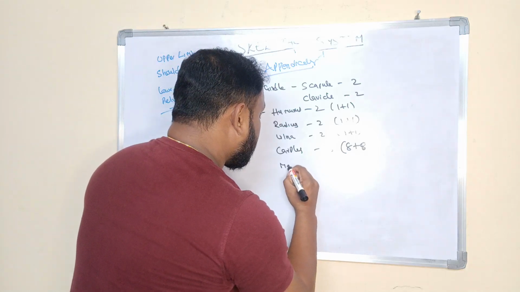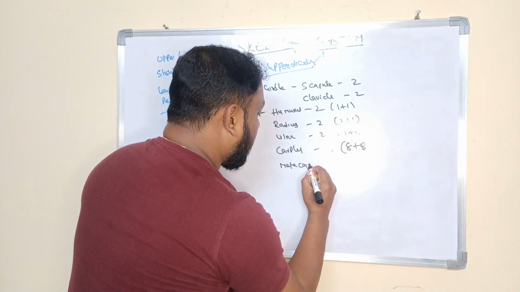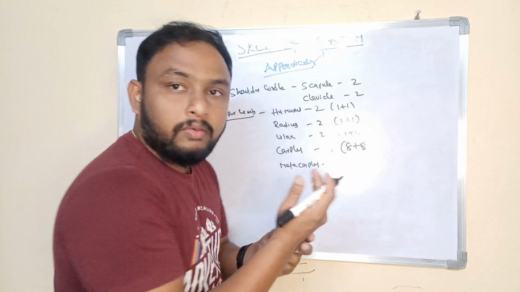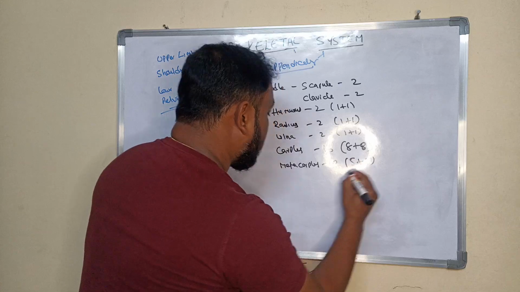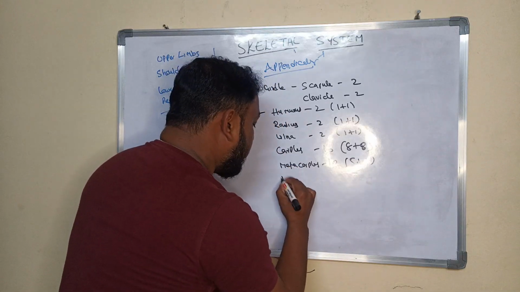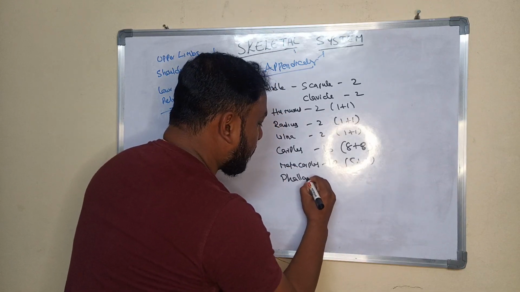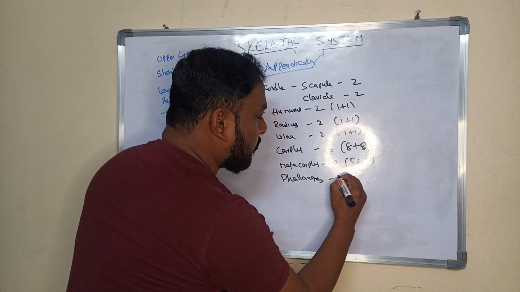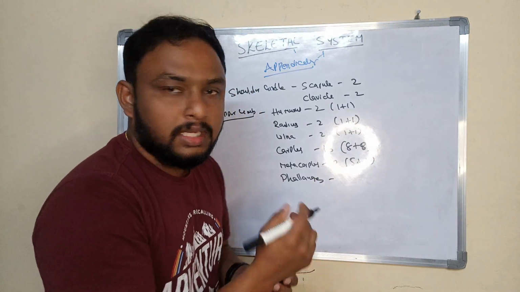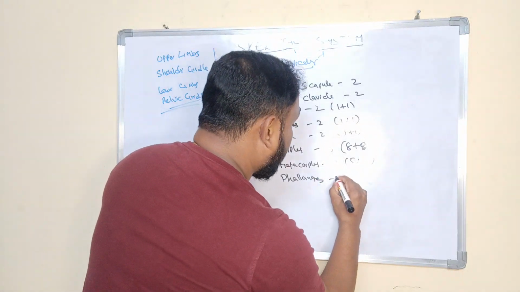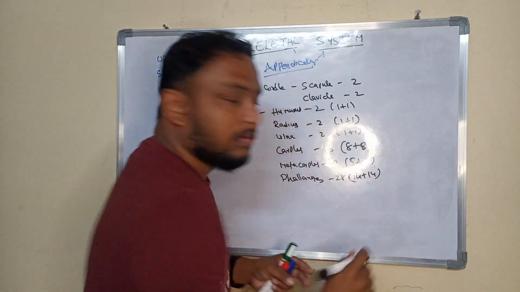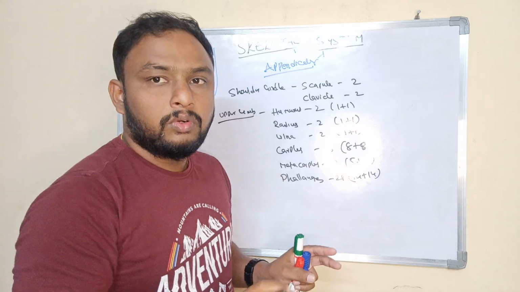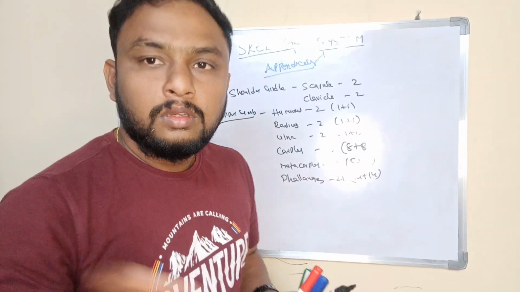Carpals, metacarpals, 5 in each hand, 10, 5 plus 5. Carpals, metacarpals, phalanges, 14 in each hand, 14 plus 14, 28.